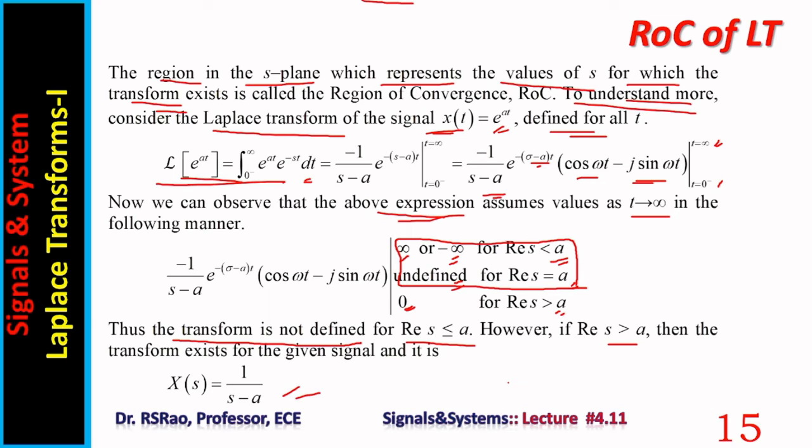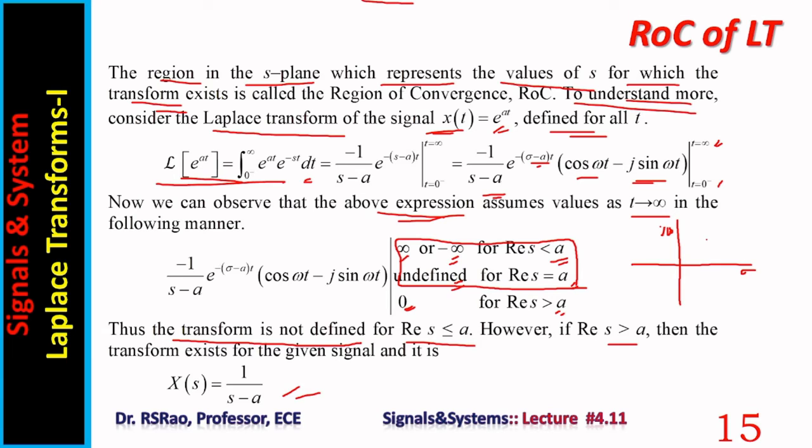The transform is meaningful for these values, and when located on the S-plane, they form a region. That region is called the region of convergence. The S-plane appears like this. The horizontal axis represents sigma, the vertical axis represents j omega.